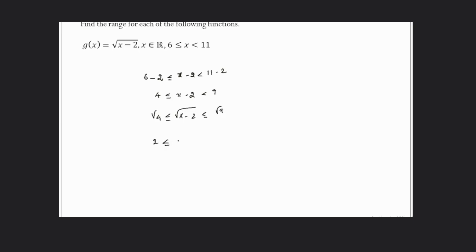Square root of 4 is 2, and square root of x minus 2 is less than square root of 9, which is 3. Here in the range we need not put an equal sign at the maximum because in the domain 11 is not included. So the range is the closed-open interval 2 comma 3.